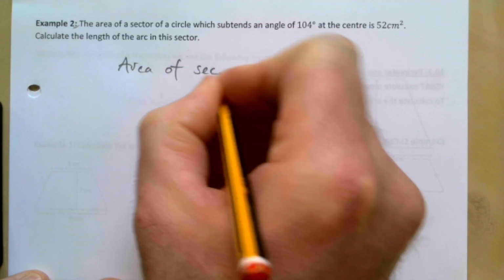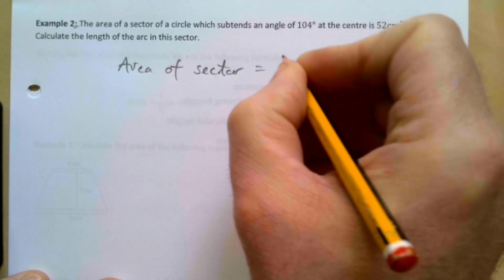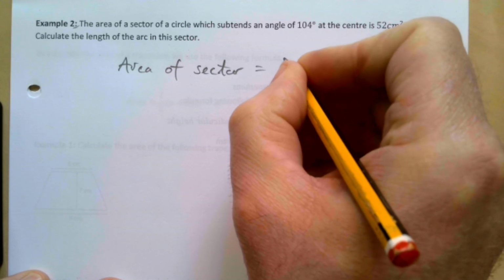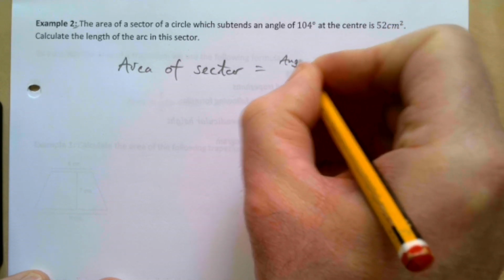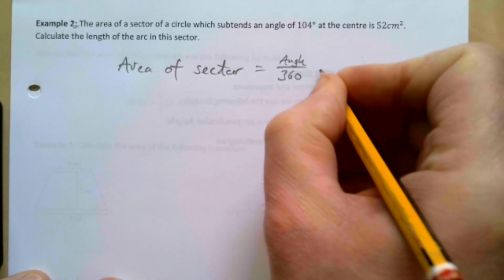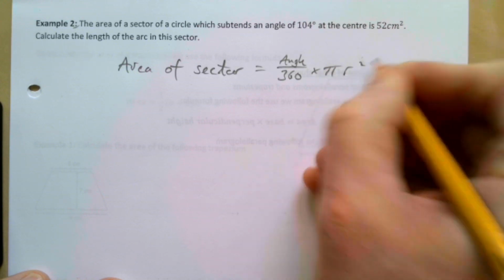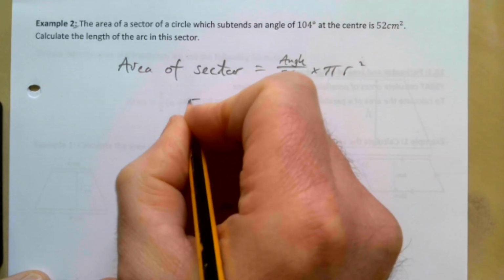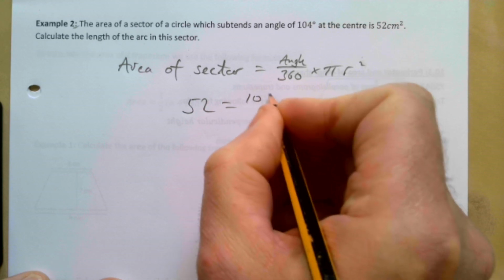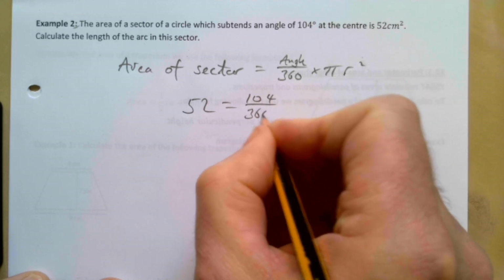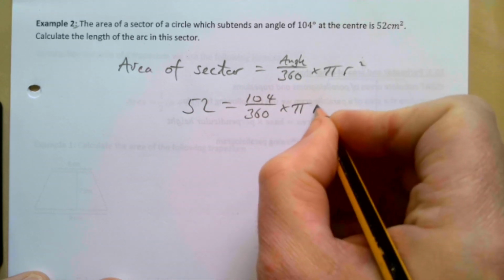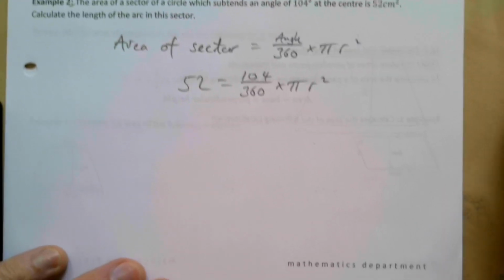Just do the wee formula again. Area of sector is angle over 360 multiplied by pi r squared. So we know that 52 is 104 over 360 multiplied by pi r squared.